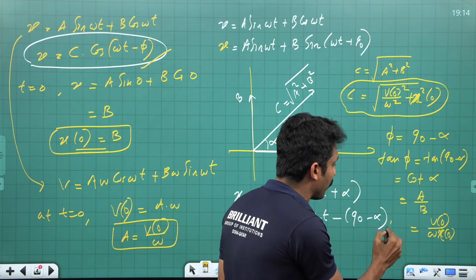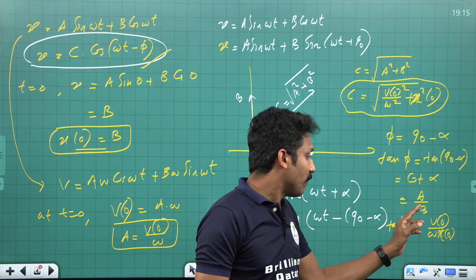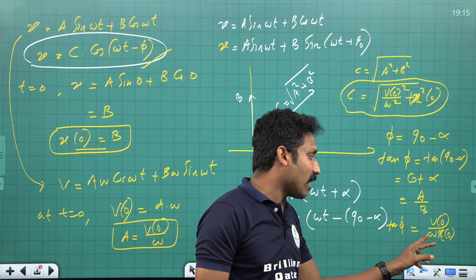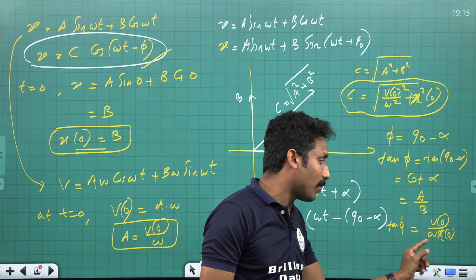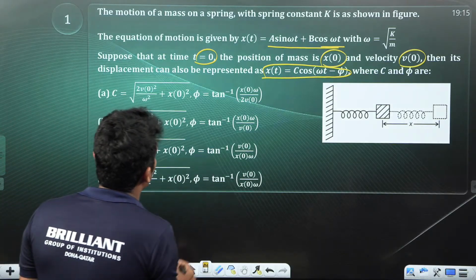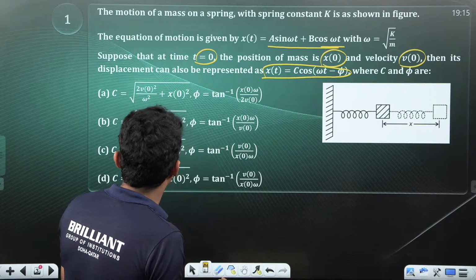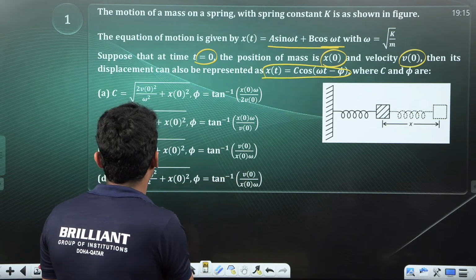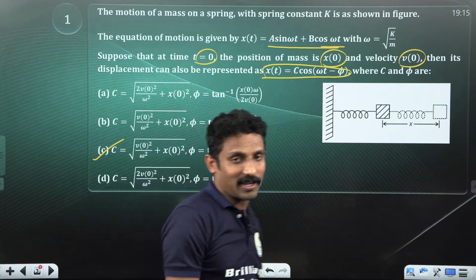This is tan phi. Then phi is tan inverse of v of 0 by omega into x of 0. We can check the option: tan inverse of v of 0 divided by x of 0 into omega. This one is our option C. Option C is the correct answer.